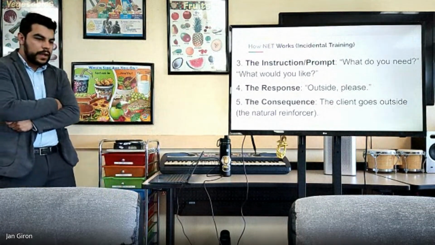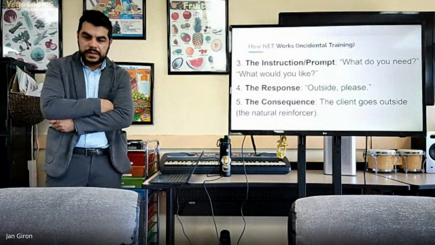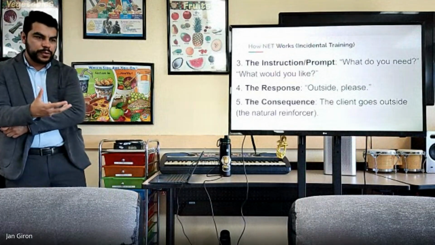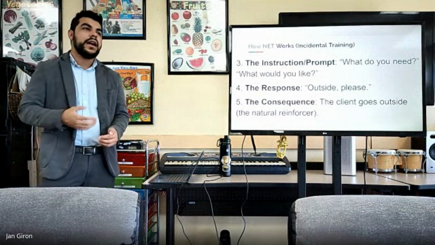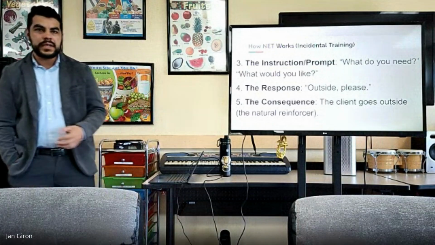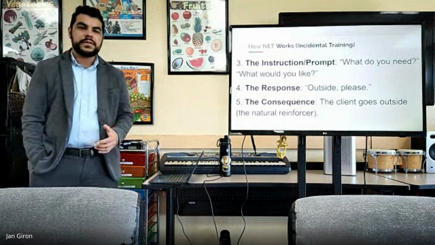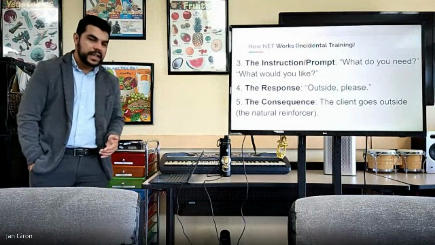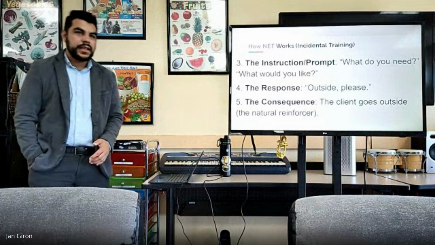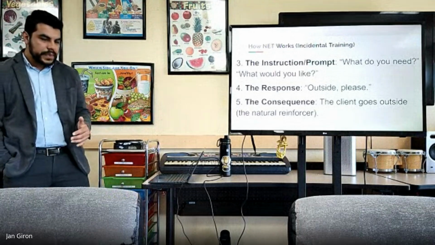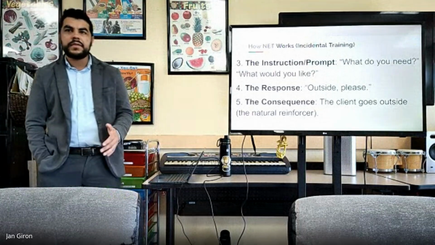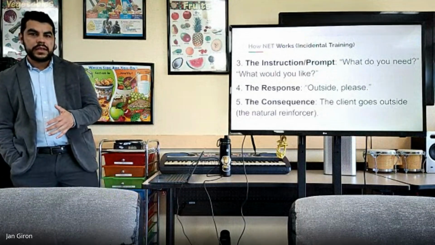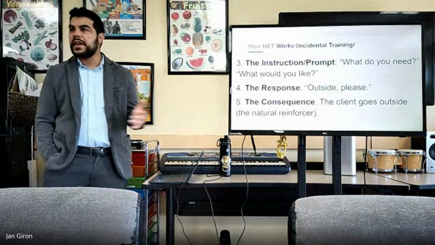And then, wait to see if they'll independently initiate the request. If not, you can prompt it. Depending on where they're at, it would either be a full vocal response, or if we can get away with it, an indirect verbal prompt, and say, oh, what would you like? And if the client is non-vocal and they have a different means of speech, then we can use whatever it is they got.